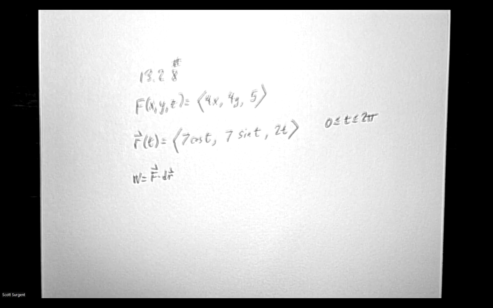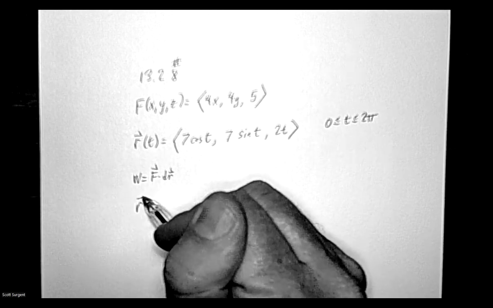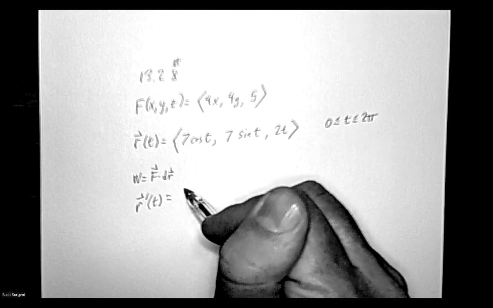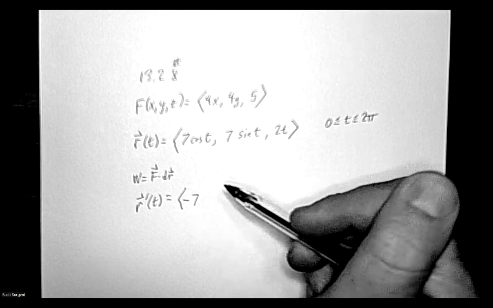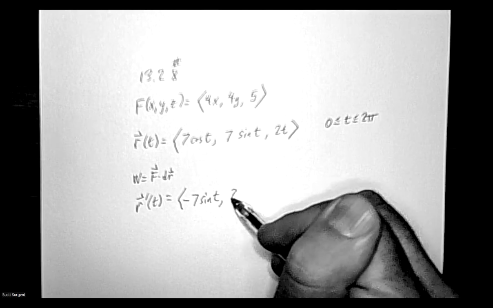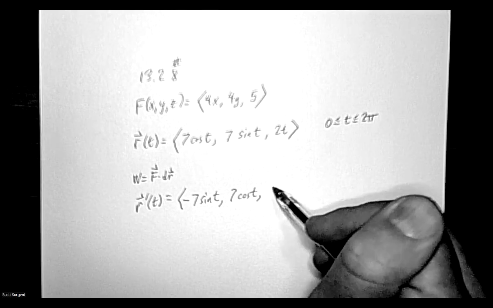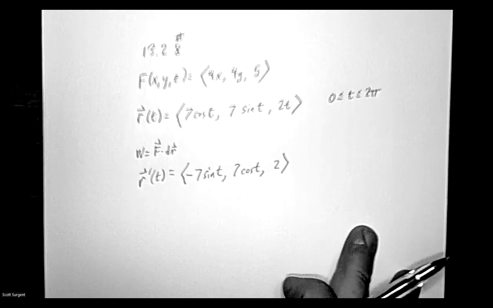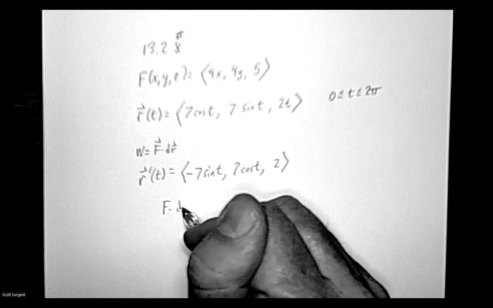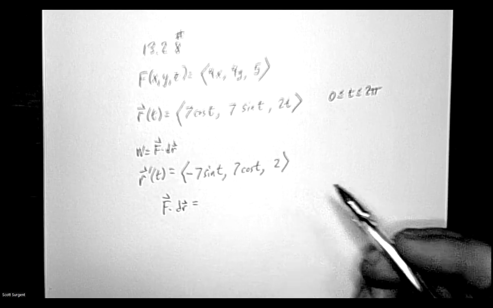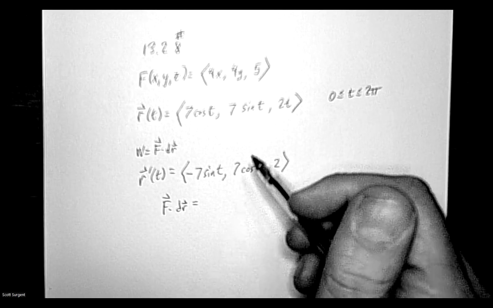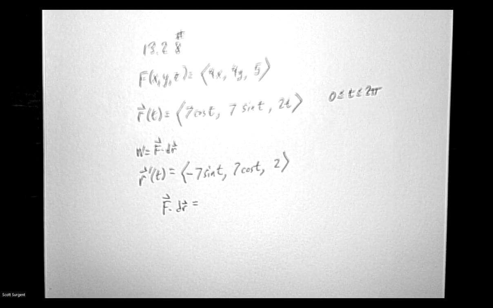We have to find dr. So r prime is dr. It's going to be negative 7 sine t, 7 cos t, 2. So then F dot dr. Let's take the dot.